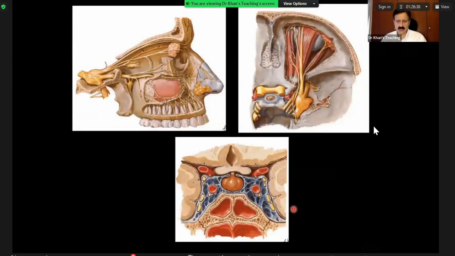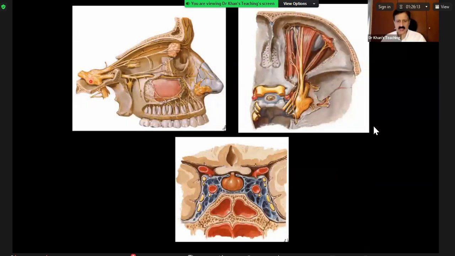Coming back to the anatomy of the cavernous sinus, if you see this coronal, this is the internal carotid artery, the cavernous portion. Coming back to the nerves, this is the trigeminal nerve, fifth nerve. It goes into the Meckel's cave.